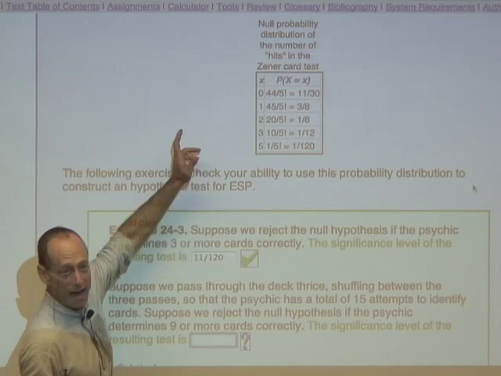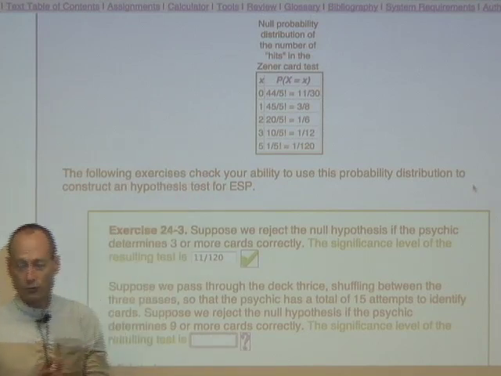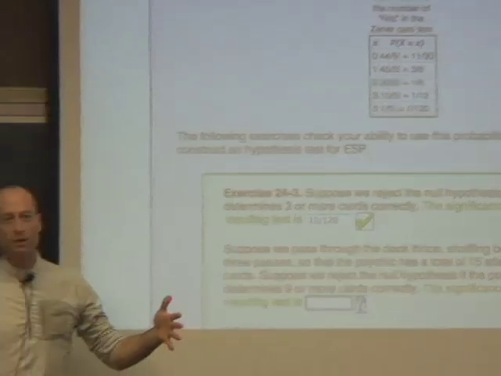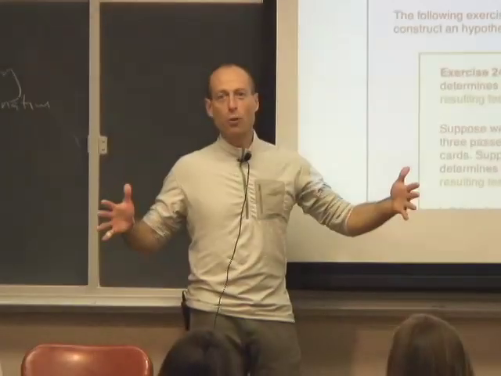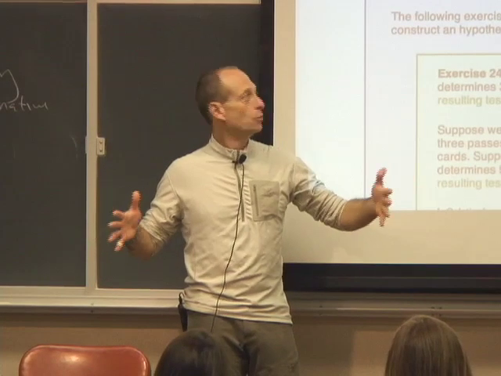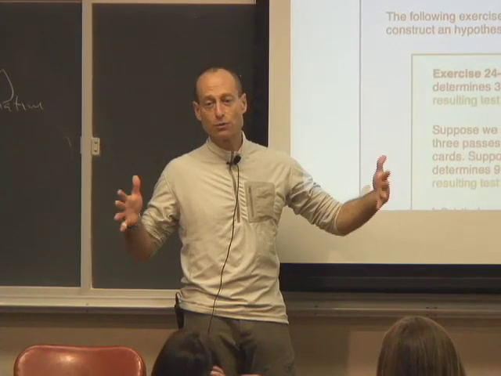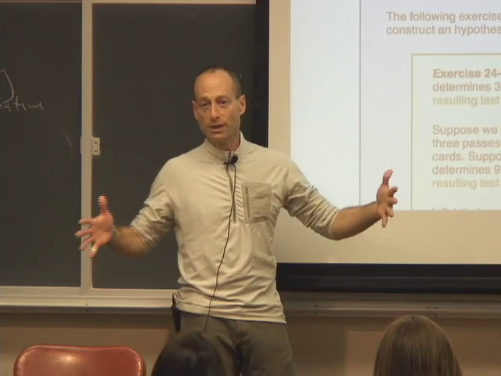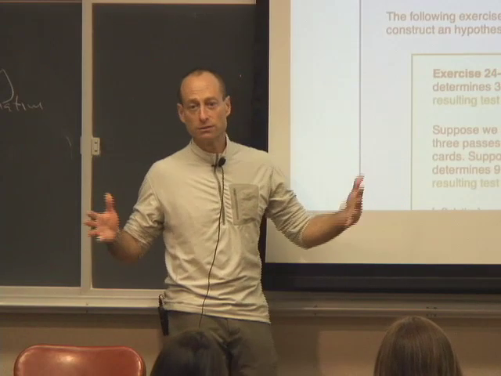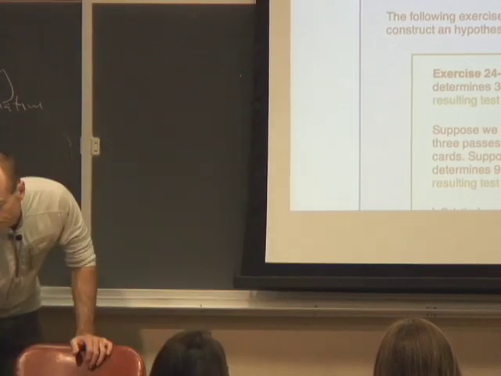So we'd have to enumerate all the different ways of getting 9 or more in 3 goes. We would use the independence of the 3 trials, and figure out the probability that the sum is 9 or bigger.